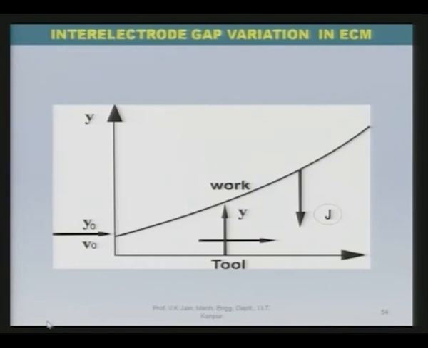It is not remaining a straight line, and as you move along the electrolyte flow path, the current density may decrease because of the higher inter electrode gap, as shown by the arrow moving downward along with the capital J. So, this indicates that current density is varying continuously along the electrolyte flow path.